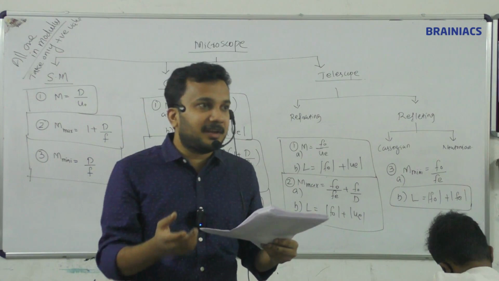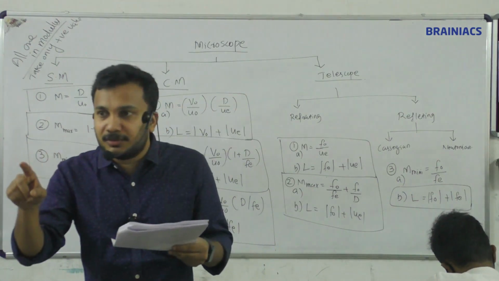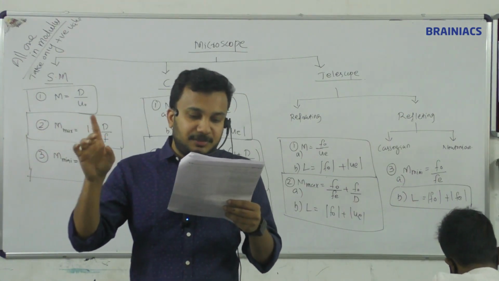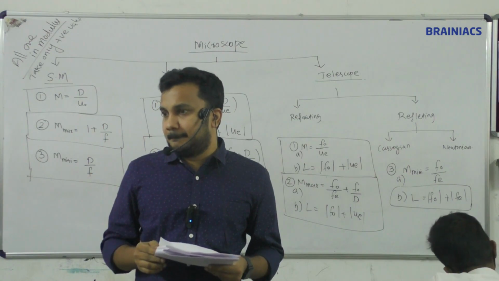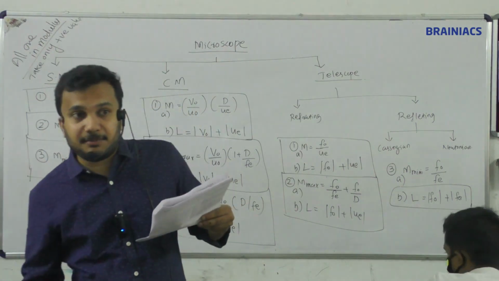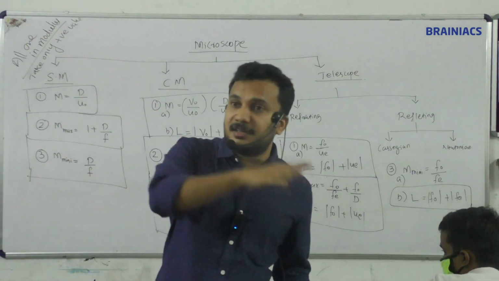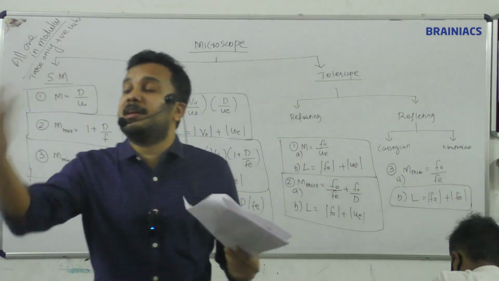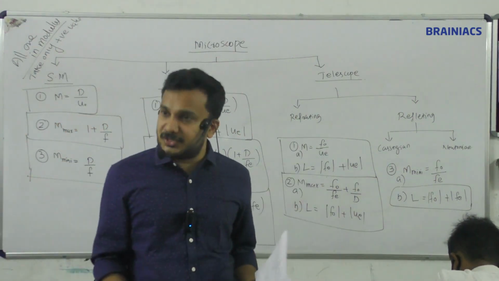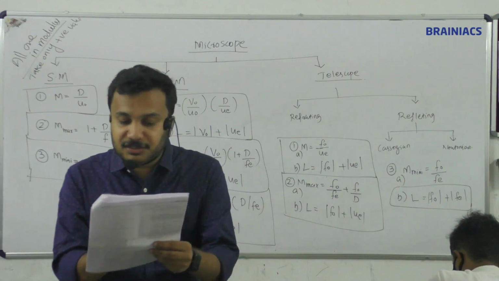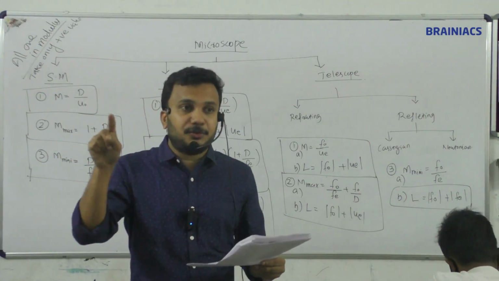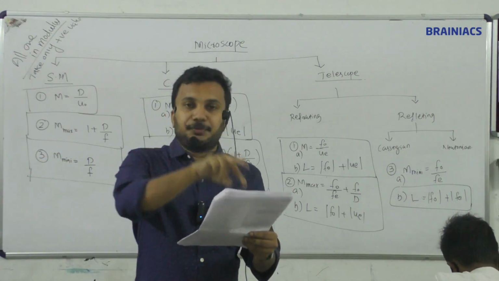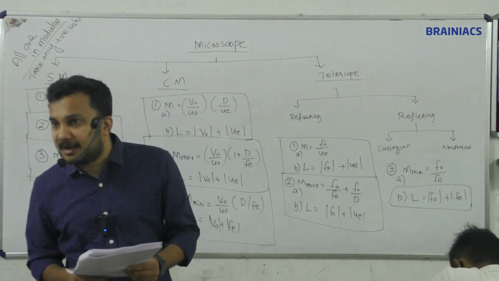V is equal to how much? Minus 30. The image of the book kept at 50 centimeter is what he is seeing at 30. Beyond 30 he is not able to see. So the book is at a distance of 50 centimeter means U equal to minus 50. Image is forming where? V equal to minus 30.